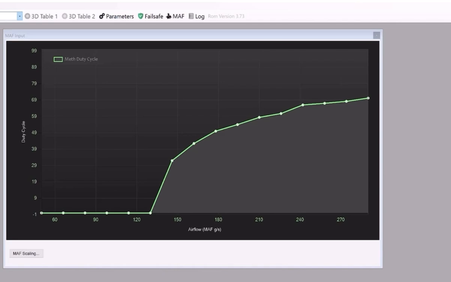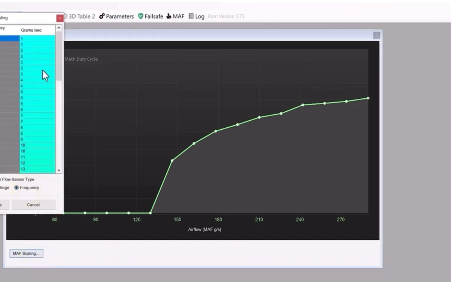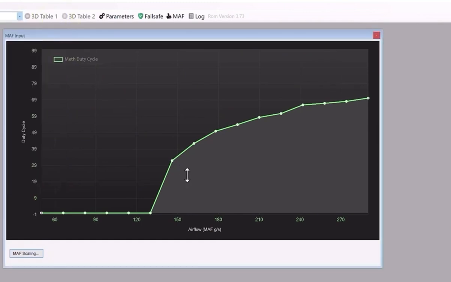Essentially, the MAF scaling feature provides a user-friendly interface for tailoring methanol injection to match the unique characteristics of the vehicle's airflow dynamics. Airflow is measured in grams of air per second, or GS. Here, the user is seen moving the points on the graph to set how much fluid flow they desire at various airflow rates.